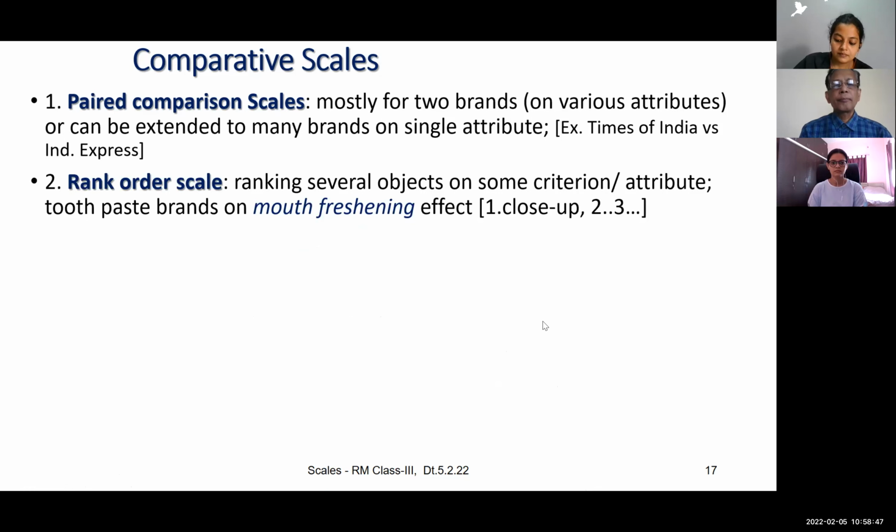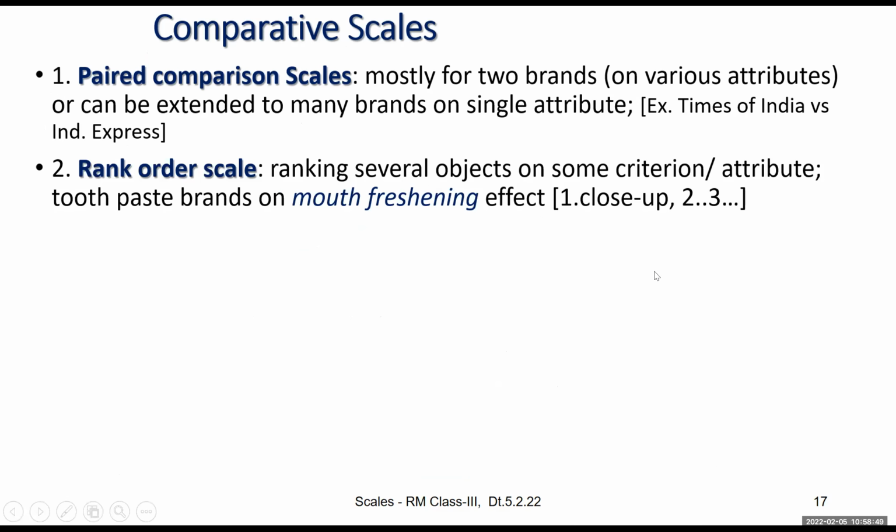Next is rank order scale. When you have so many brands, and you compare which brand is better on a particular attribute. Say, for example, you have toothpaste, say 10, 20 types of toothpaste.